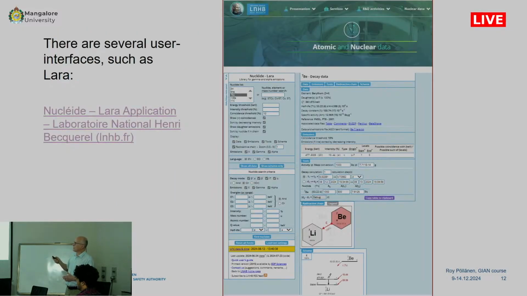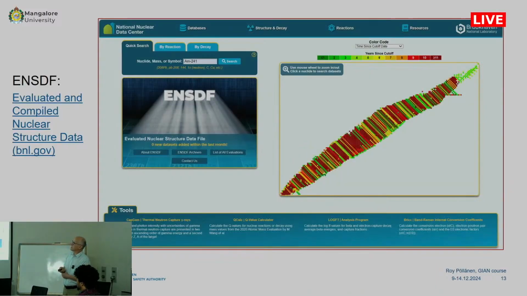There are several user interfaces like that. I will show this very soon, not now. It seems to be quite complicated, but it is very easy to use. There's NSTEF. You can try to use this link.